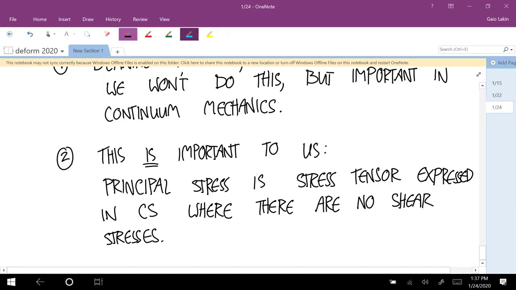It's kind of an amazing fact that no matter what the state of stress is, there's some coordinate system where the only stresses are normal. Okay, there are none of those shear stresses.